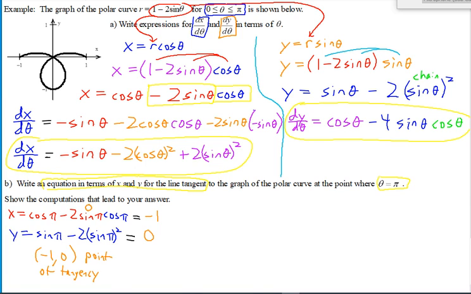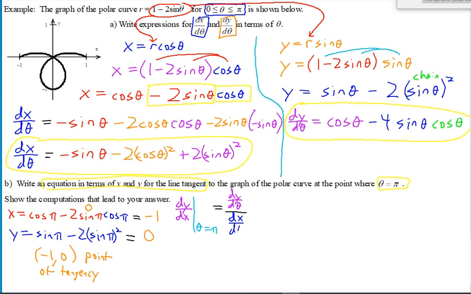And then for the slope, we just have to use the formula, remember, dy/dx, in this case specifically at the angle theta equals pi, is equal to dy/dθ, which we found here, divided by dx/dθ, which we found right here. Just like we did for parametric points.